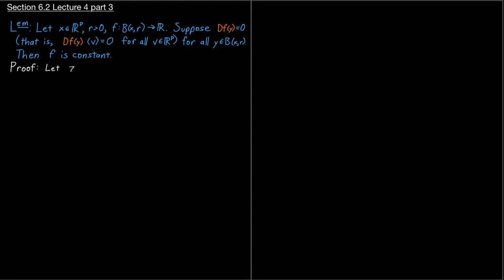Let's let z be a point in our ball, and then we'll specify that z is not our middle point. And our goal is to show that f of z is equal to f of x. Obviously, f of x is equal to f of x, so we only need to prove this for z other than x.